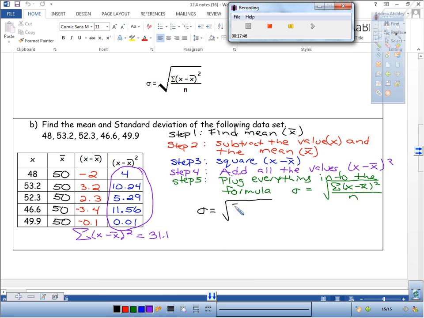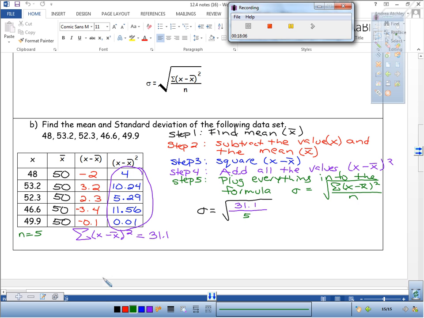The top is 31.1, and it's divided by the number of numbers. There's 1, 2, 3, 4, 5 numbers. So it's divided by 5.